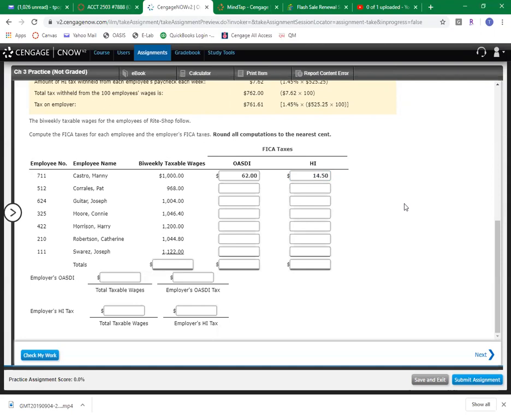Again, I'm just going to fill these in rather quickly because it's just computations here. These are all pretty straightforward, it's really just multiplying. I had already calculated these, so I can easily and quickly add them in.